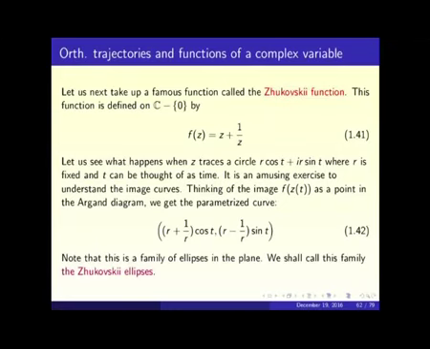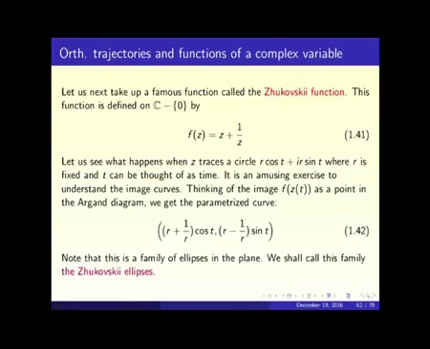That is displayed as 1.42 in the slide. So as t varies, what does this 1.42 represent? 1.42 is the parameterization of an ellipse.